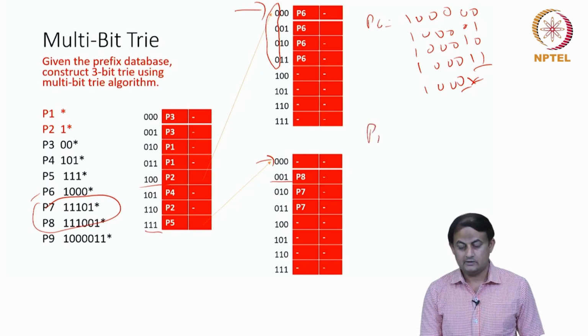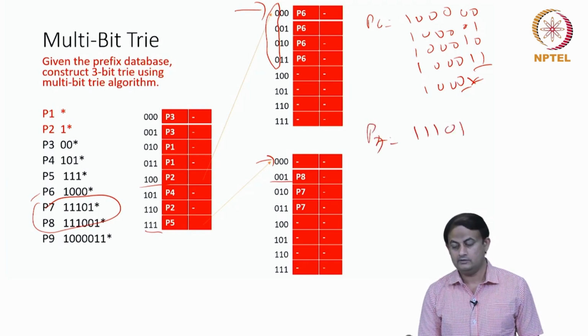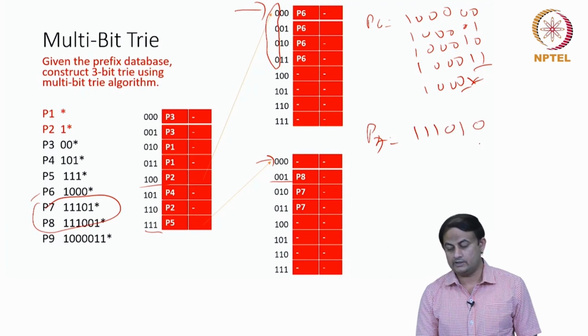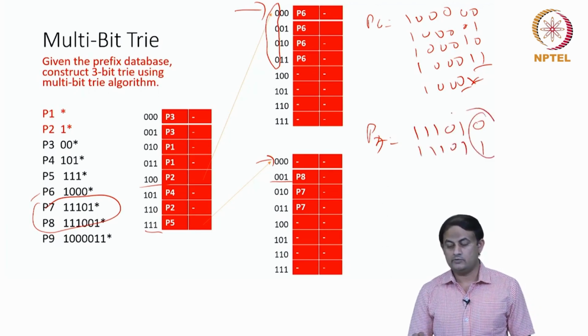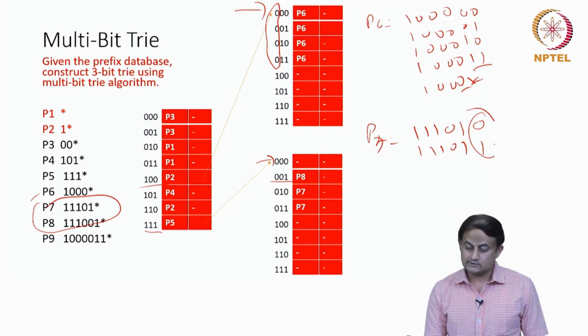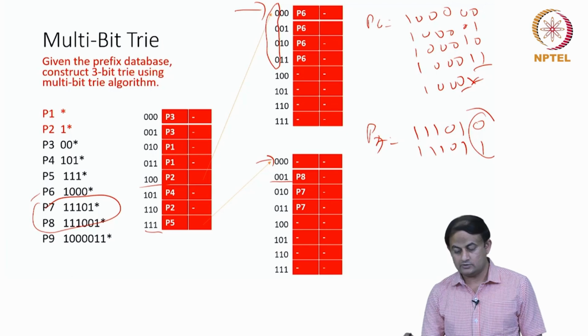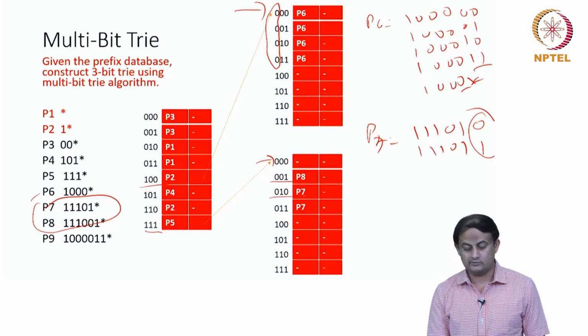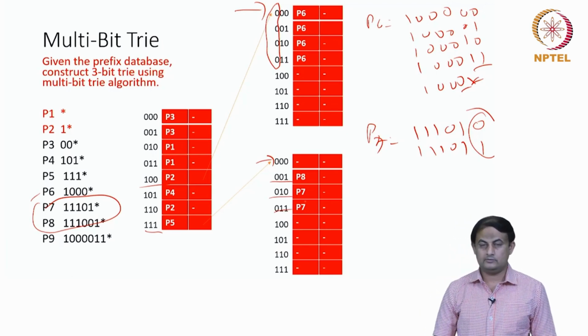You expand that. P7 would include 111 followed by 01, and the next 1 bit can be either 0 or 1. Varying the 6th bit between 0 and 1, you mark those 2 entries with P7.